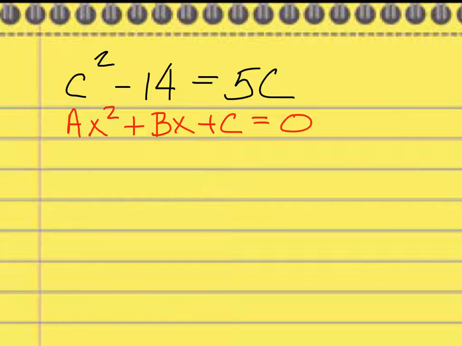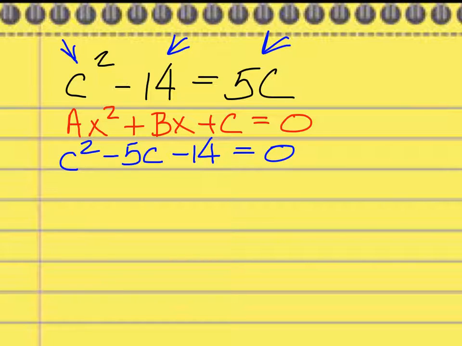I already have a c squared on the left, and I have my constant on the left. These are where they're supposed to be. This 5c is not where it's supposed to be. You're going to have to move it over to the left side and change the sign. So we end up with c squared minus 5c minus 14 equals 0.